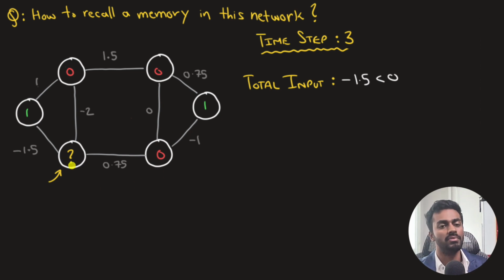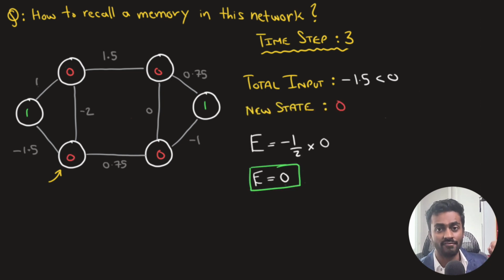And the total input is going to be 1 times negative 1.5 plus 0 times negative 2 plus 0 times 0.75, which is going to be negative 1.5, and it's less than 0, which means the neuron does not fire. So the new state is 0. And then the total energy now, well, there's no two positive, active neurons that are synaptically connected to each other. And so the total energy of this network is 0, which is still good because it's continuously decreasing.